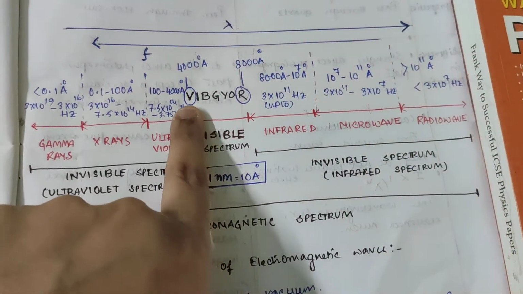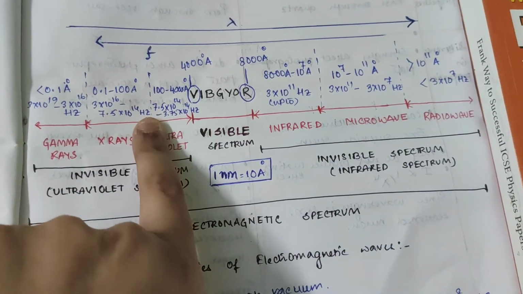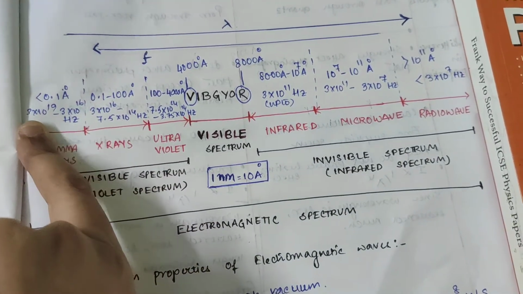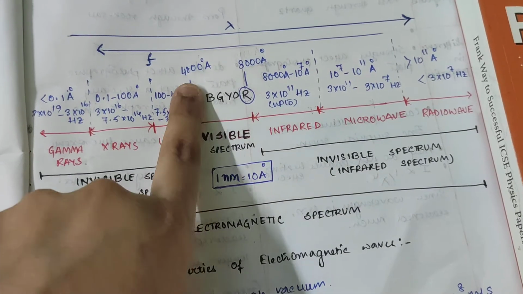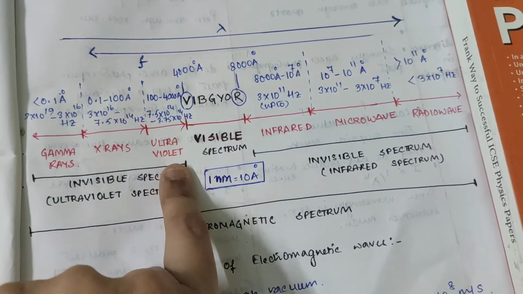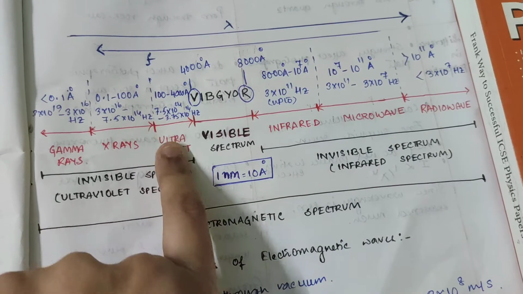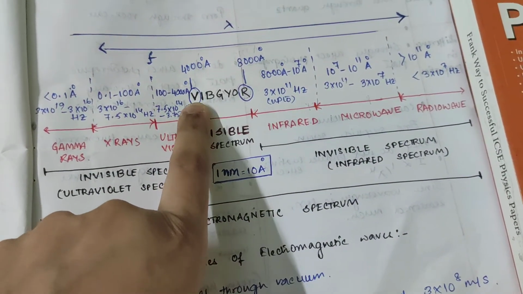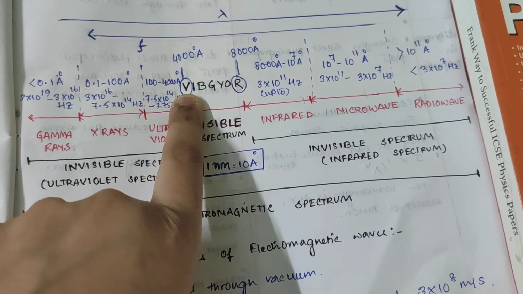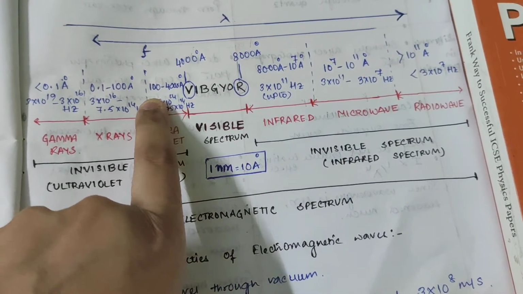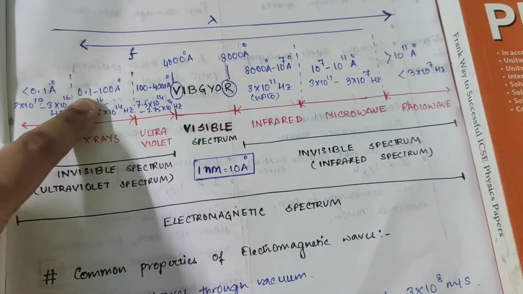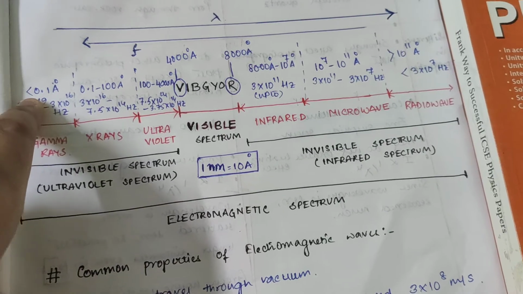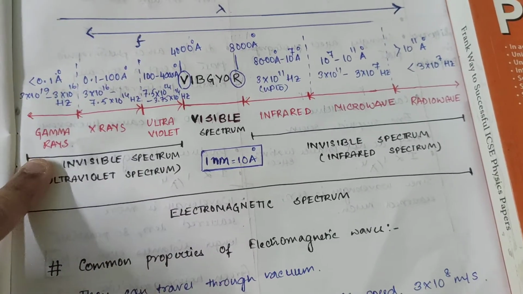And beyond the violet end, we have wavelengths lesser than 4000 Angstrom. That's why we call it ultraviolet, because its wavelength is less than 4000, which is the wavelength of violet light. Less than 4000, 100 to 4000, below which we have X-rays, 0.1 to 100, and less than 0.1 we have gamma rays.